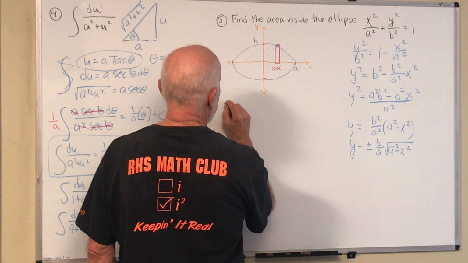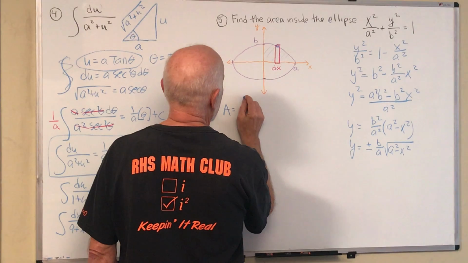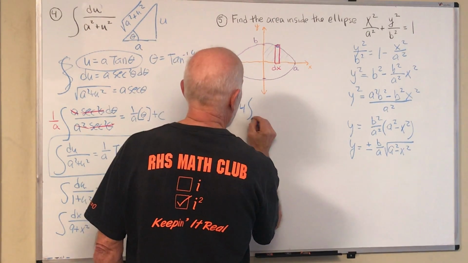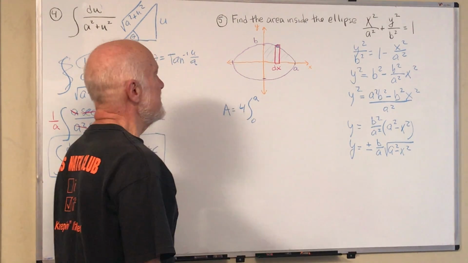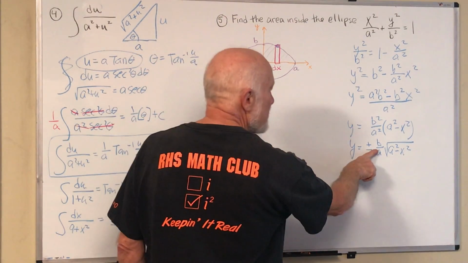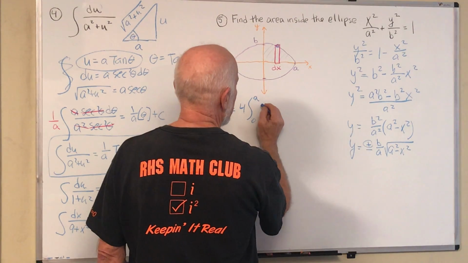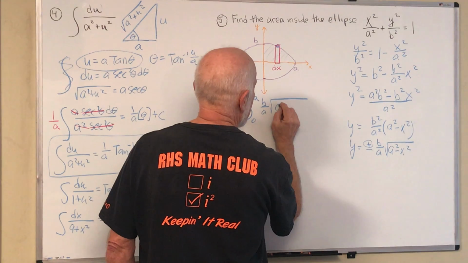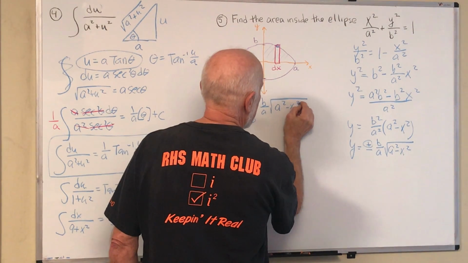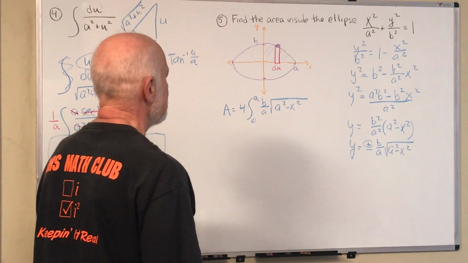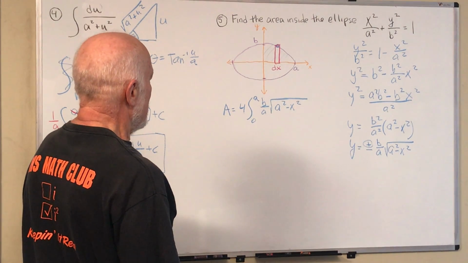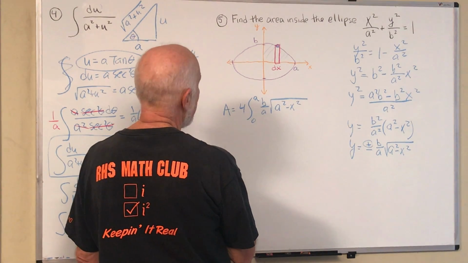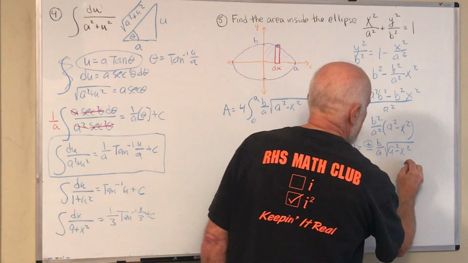So if I take the area, it's going to be 4 times the integral from 0 to a, and then the height is going to be the plus side of this. So it's going to be b over a times the square root of a squared minus x squared. And I can bring the constant out front, and I can do a trigonometric substitution.